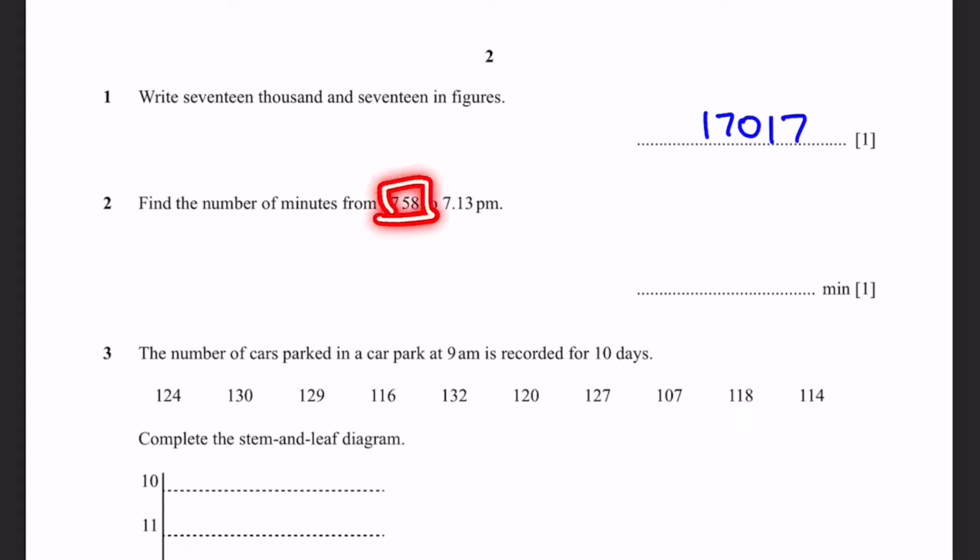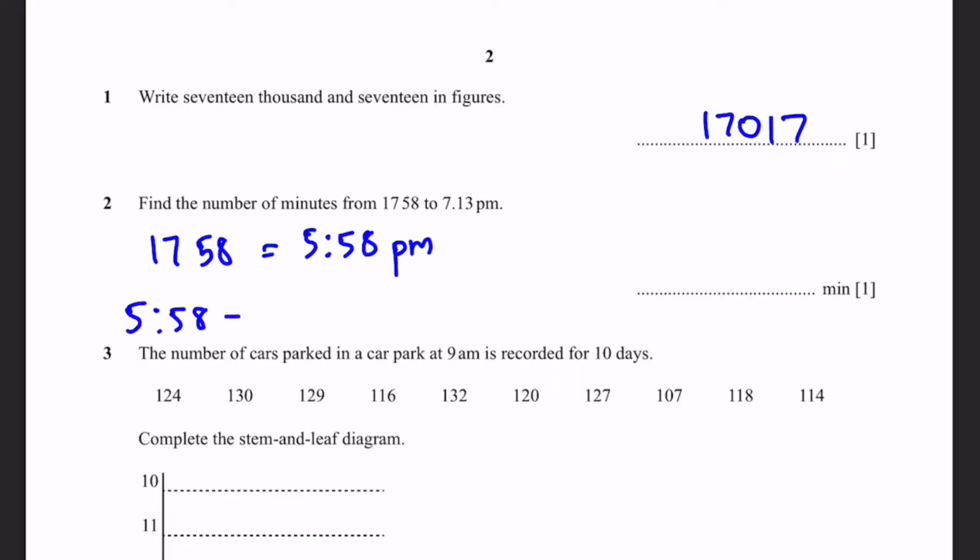So first of all, let's find this in 12 hours. 17:58 is actually equal to 5:58 p.m. So 5:58 to 6:58 p.m. is 1 hour.